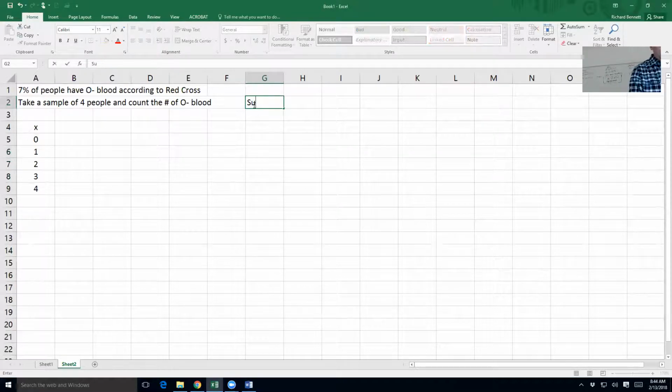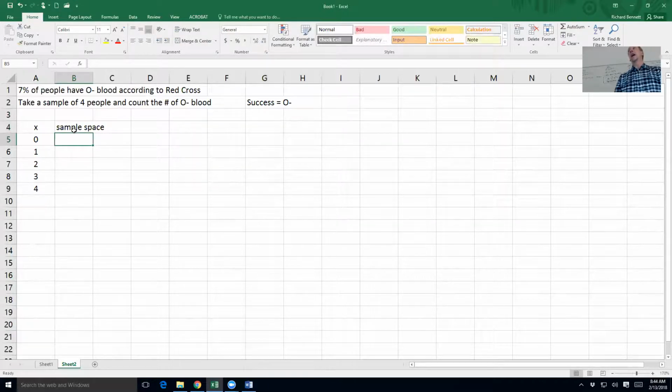I'll rewrite that. Success equals O negative. Okay, so another way to do my sample space, if I've got 0 people with O negative blood, what has happened? I've failed 4 times in a row, right? Okay. All right, so what's the probability that I get somebody that is not O negative blood on the first person?